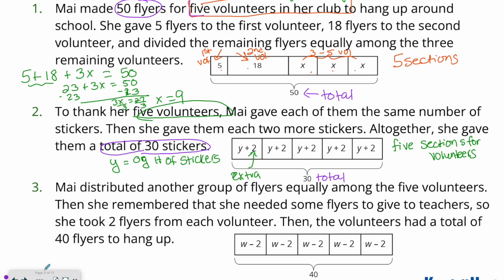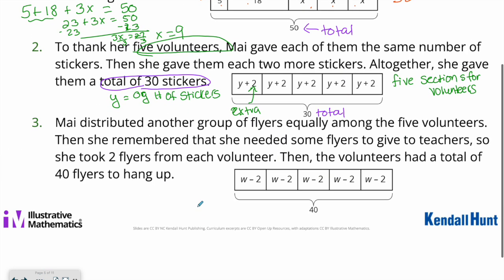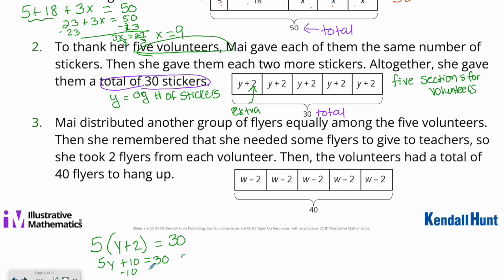So if we wrote an equation for that one, I'm going to have to do it down here. We had 5 groups of y plus 2 equaling 30. And if you remember, we could solve these one of 2 ways. We could either distribute and have 5y plus 10 equals 30, and then subtract the 10 from both sides to get 5y equals 20.